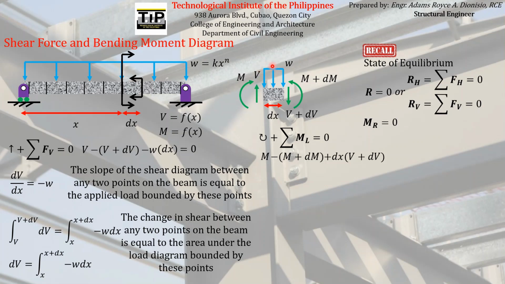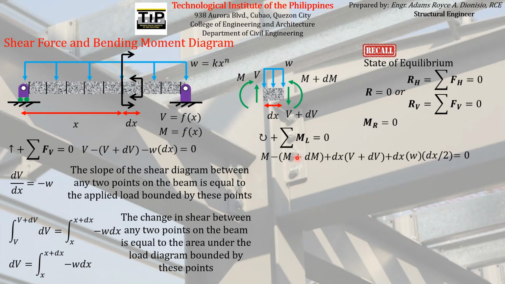Lastly, we have to get the moment of this distributed load about this left end. We first solve for the resultant, which is just w dx, and then multiply it by the moment arm, which is just half the length, so we multiply it by half of dx. According to this equation, the sum of these moments must be equal to 0.